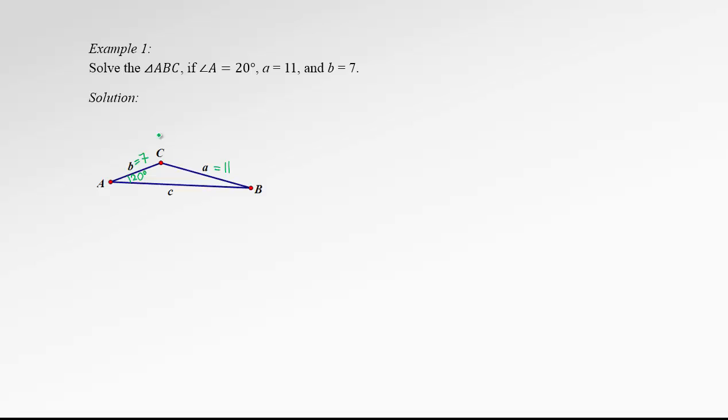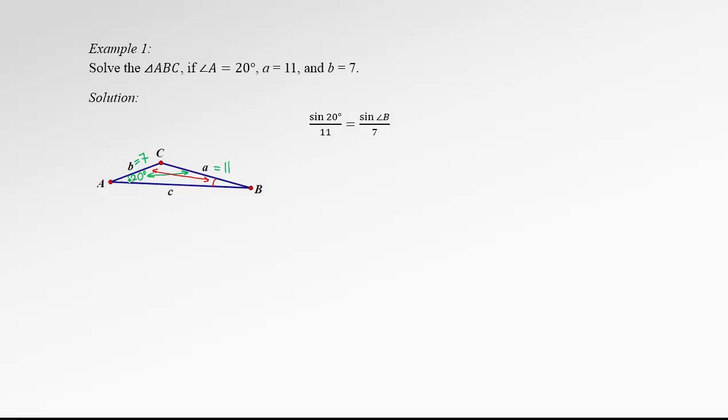So, looking at these three pieces of information, we can observe one pair of opposite data. To set a proportion, we need to consider another pair. We should use the pair that involves side B, as it is given, and the opposite angle B to solve for it. So let's set up this proportion.